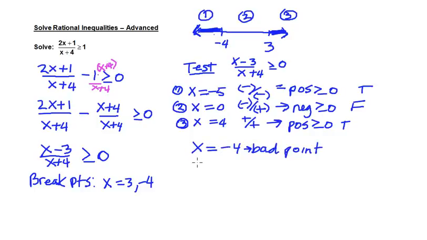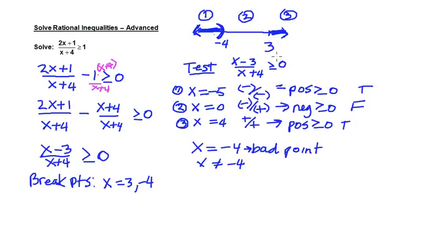And since it's a bad point, we should not include x in the inequality. So I'm actually going to write here that x should not be equal to -4. So when we decide whether to put the square bracket for an included point or the curved bracket for an excluded point, I will make it curved, indicating that the point x is equal to -4 is not included in that interval.